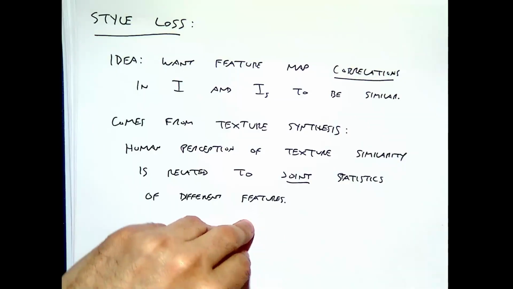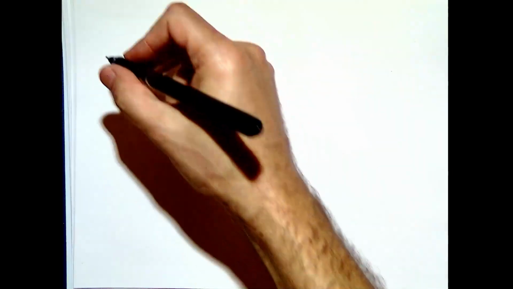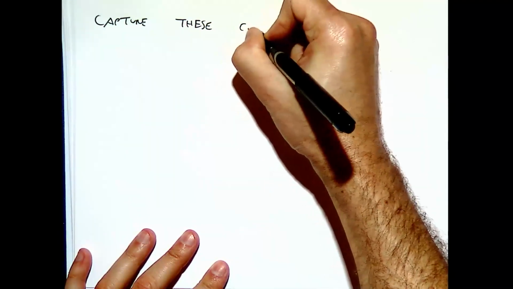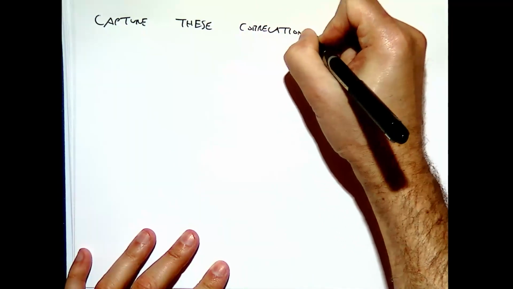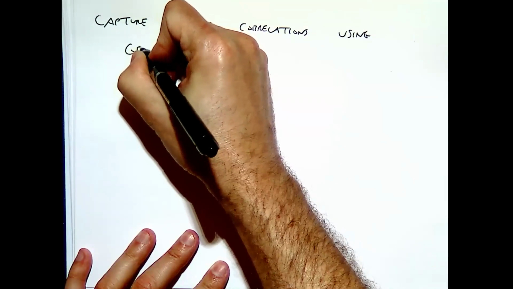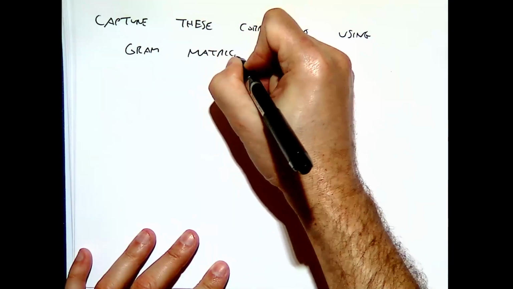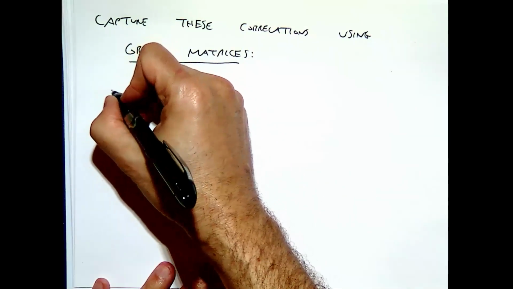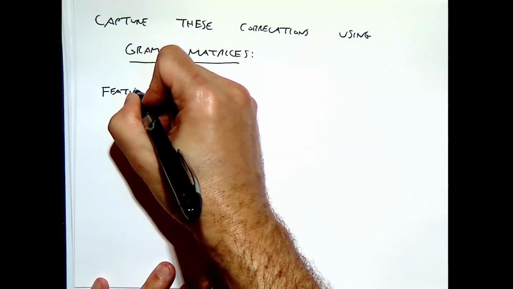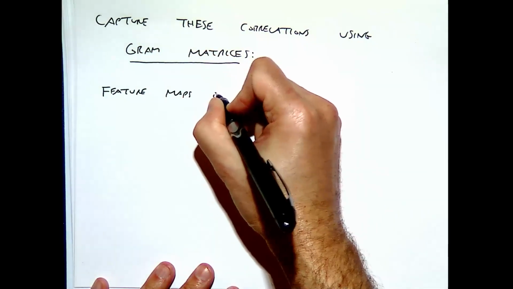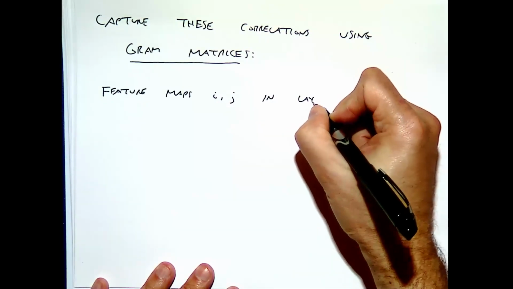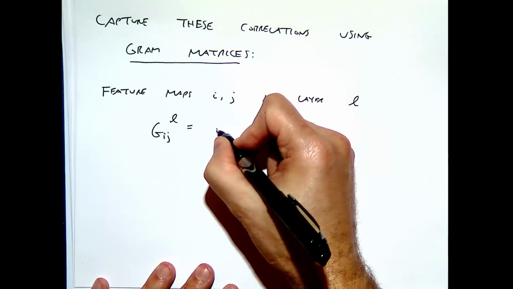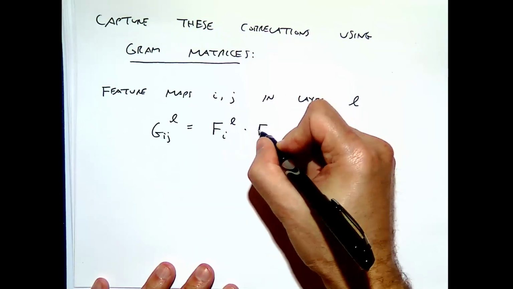So we capture this correlation using what are called Gram matrices, which is really nothing more than saying, if I have feature maps, let's call them I and J, in layer L, then the ijth entry of the Gram matrix is just the dot product of feature I and feature J.